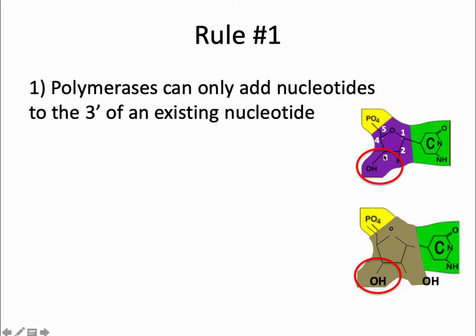On the 3rd carbon in that sugar, both have an OH, so that is the 3' end, while on the 5th carbon of that sugar, you have a phosphate attached to it, so that is the 5' end. And the new nucleotides are attached to the OH in the 3' end. This is why all polymerases can only attach nucleotides on the OH on the 3' end of the growing strand.